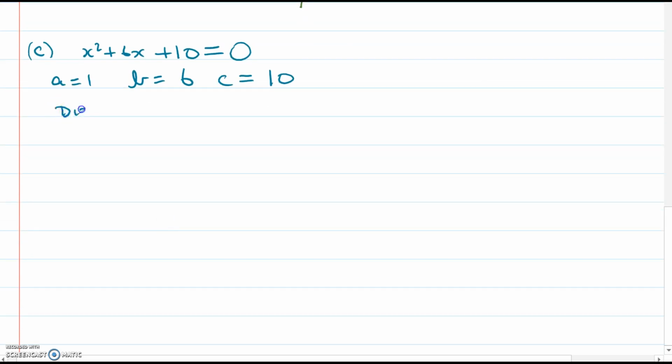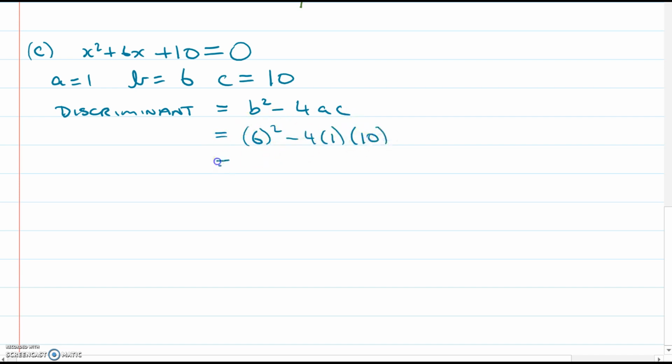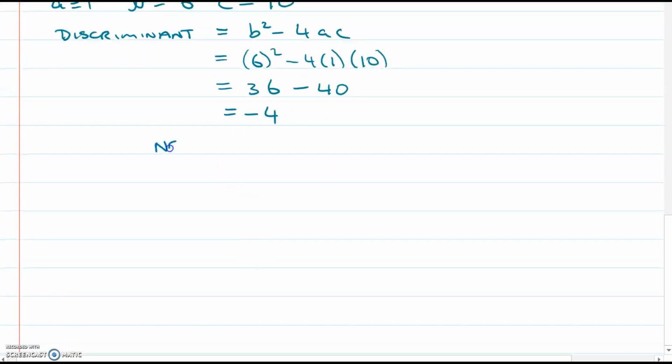Again, let's do the same old thing because it works. b squared minus 4ac is 6 squared minus 4 times 1 times 10. So 36 minus 40. That's negative 4.